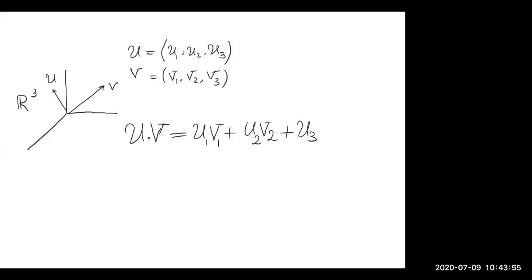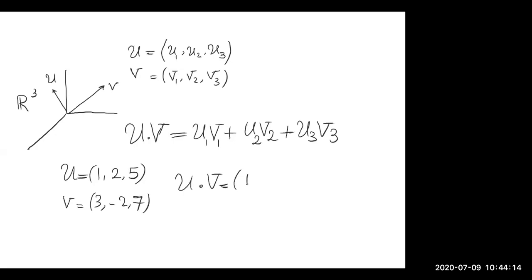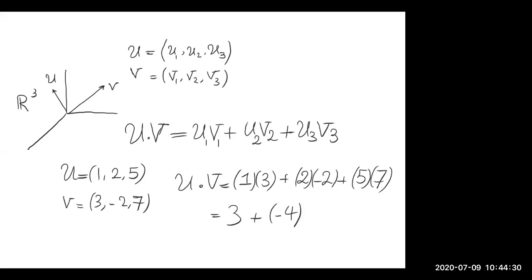plus u3 v3. So for example, if the vector u is 1, 2, and 5, and the vector v is 3, -2, and 7, the inner product or dot product of u and v is 1 times 3 plus 2 times -2 plus 5 times 7. 3 times 1 is 3, plus 2 times -2 is -4, 5 times 7 is 35.